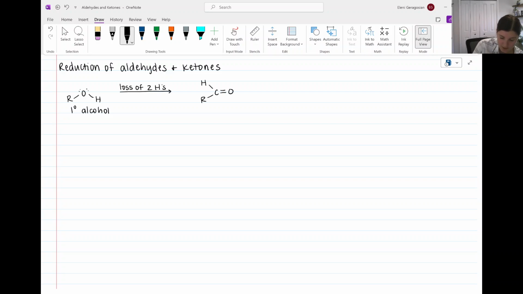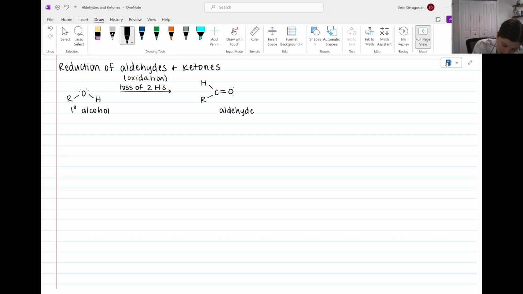We have specific reagents that we need to form the aldehyde. And this is oxidation. So this is what we've learned in previous units.